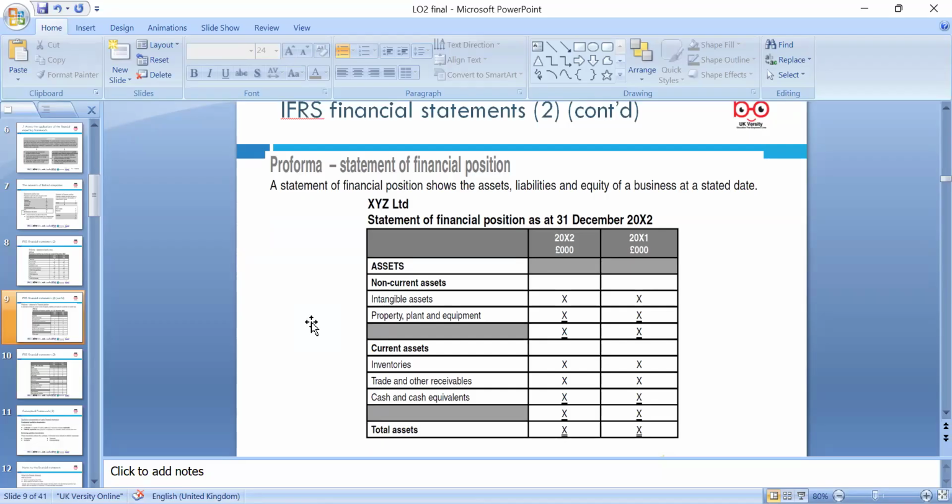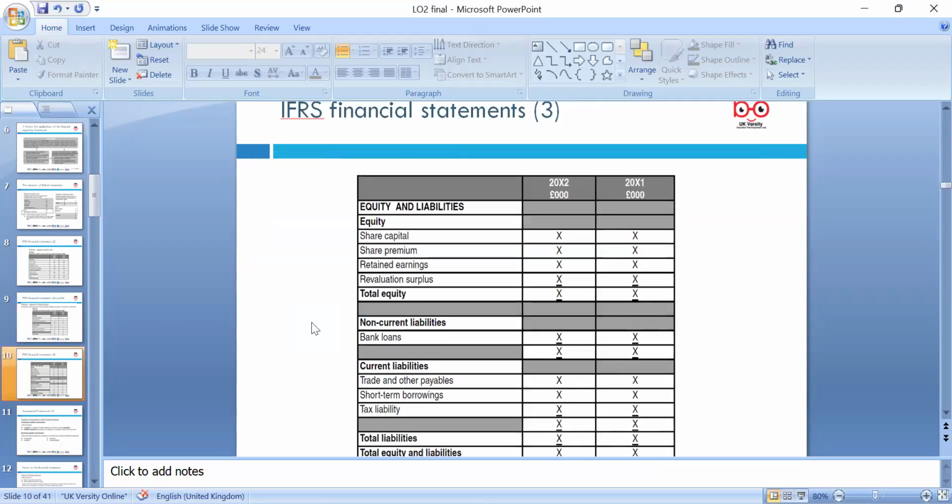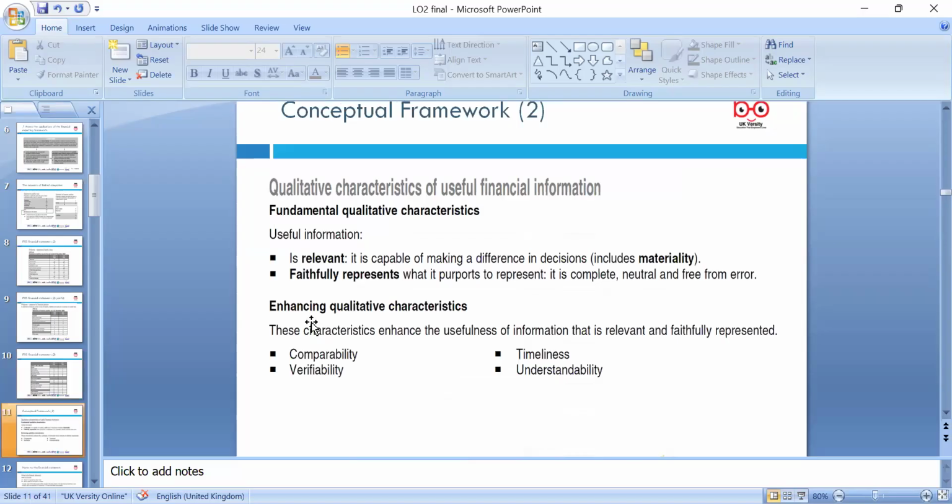Then total assets, and we can deduct the liabilities to get net assets. The layout can differ, but when following the standard we need to make sure we follow the layout according to the standard. Then share capital, share premium, retained earnings, non-current liabilities, then current liabilities, and of course net assets should be equal to equity figures. That's the accounting equation.